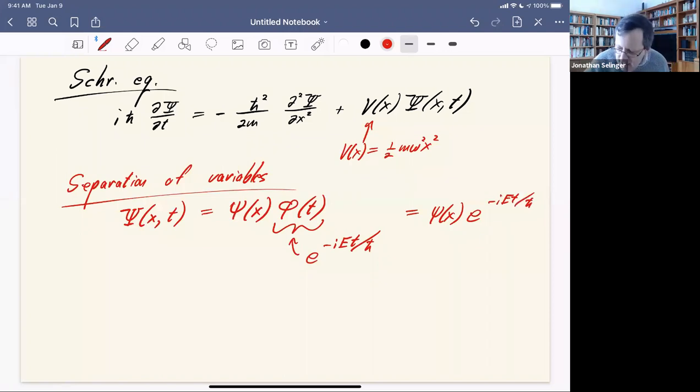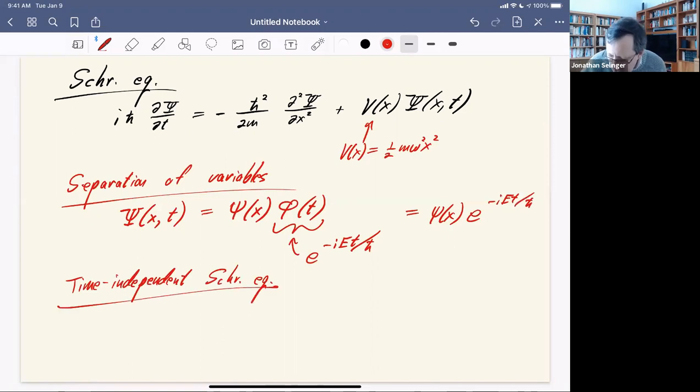And then the position part, that is this lowercase psi, has to satisfy the time-independent Schrodinger equation, which is that the Hamiltonian acting on psi is equal to E psi. Right?